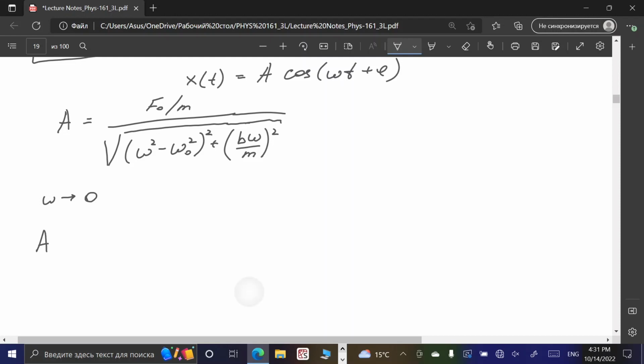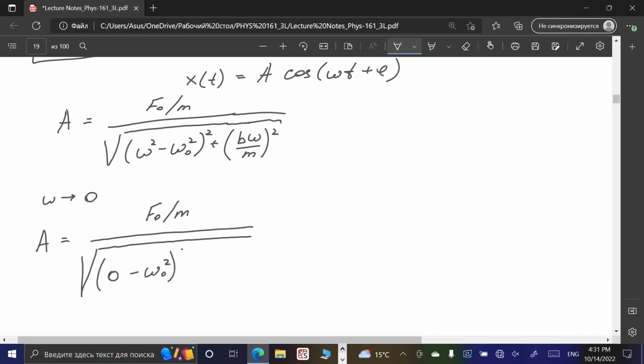A is equal to F naught over m times the square root of (0 minus omega naught square), and this is second power, plus b times 0 over m second power.